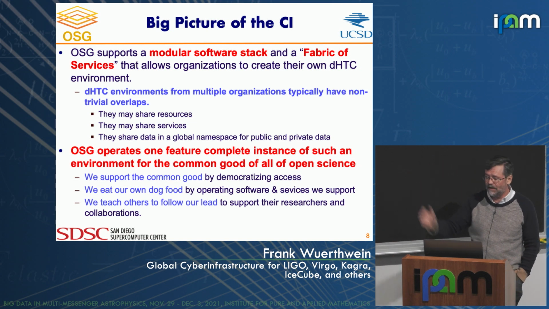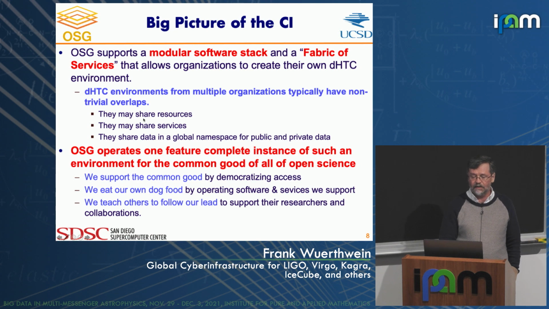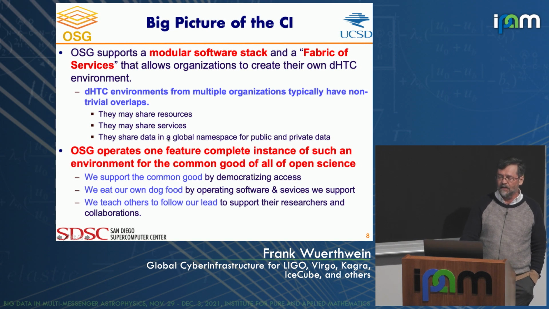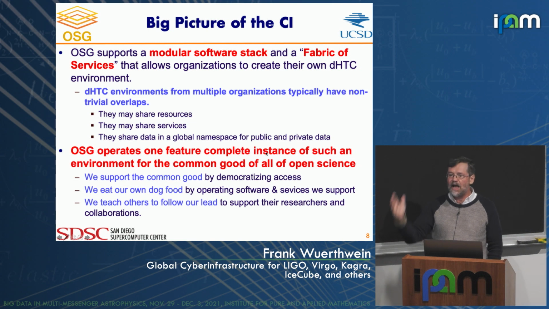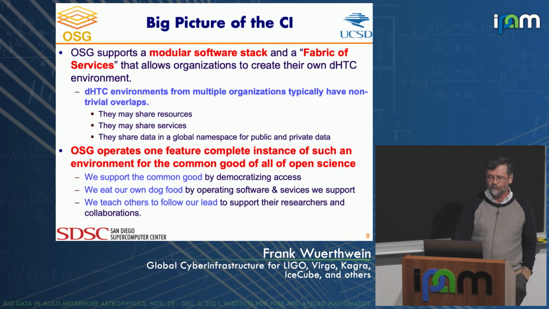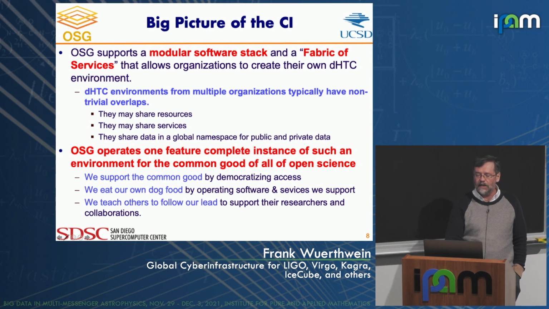There are some groups that share resources, they may share services, they may share data in global namespaces. The full complexity that you can imagine creating with such an infrastructure, we actually have. Everything that you can imagine does exist to some degree. And then on top of this, we're giving you all of this to make your own infrastructure.